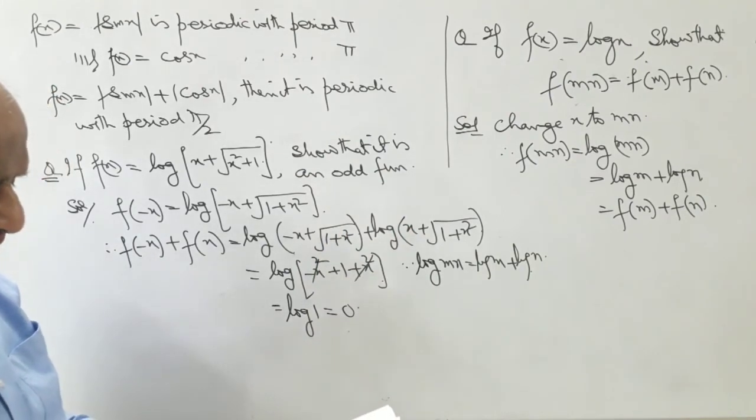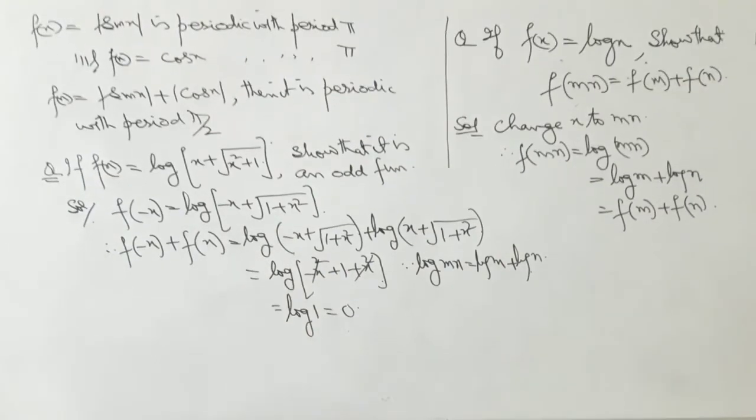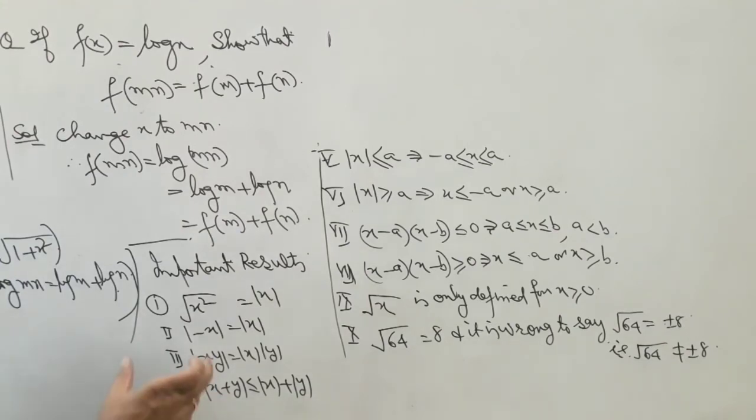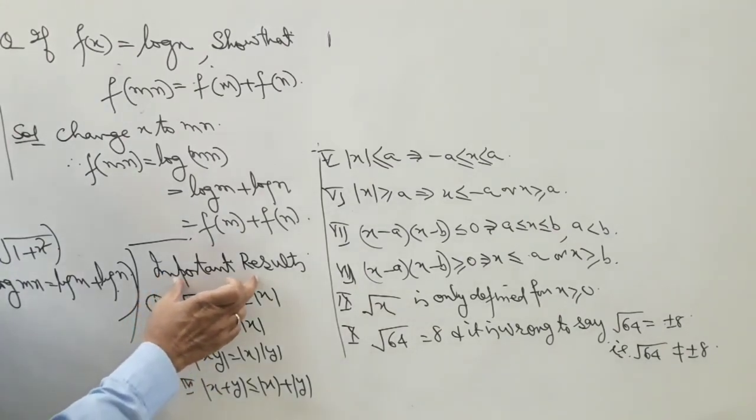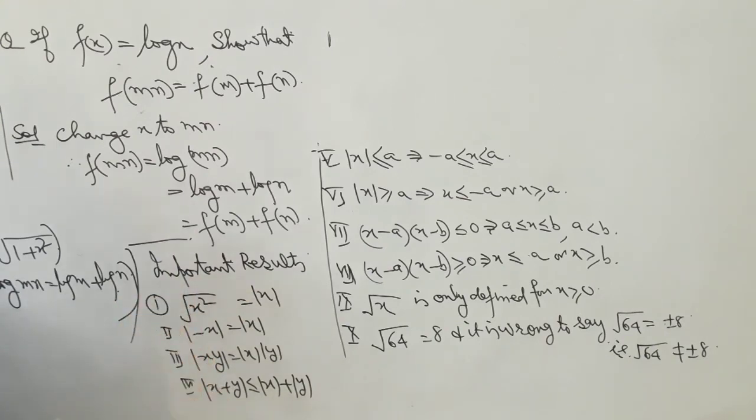Now, before we go for the applications, let us take up the results. Please note down some of the important results we shall be using when we start with the applications, the domain and range of some important functions one by one.